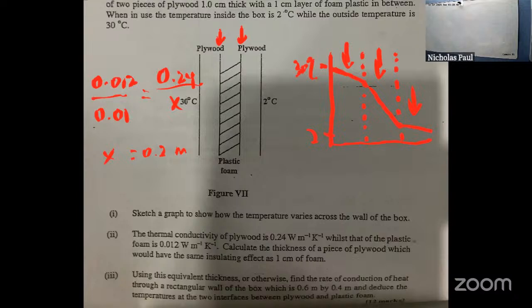The rate of heat flow, which is k A delta theta over delta X. K is 0.24 because we're using plywood alone.